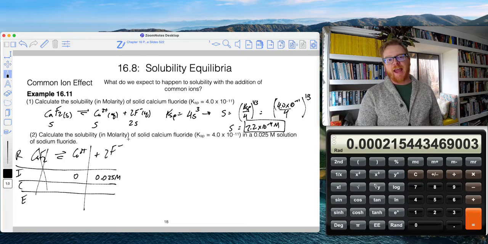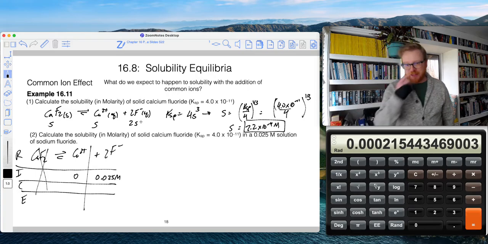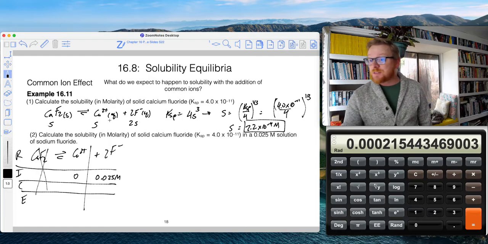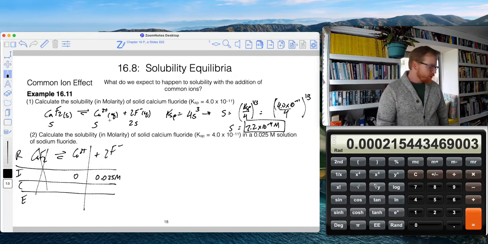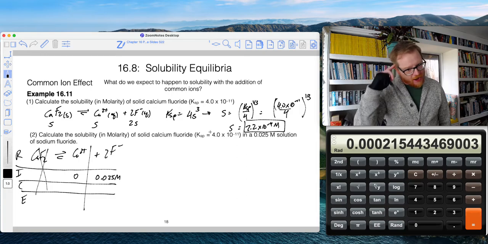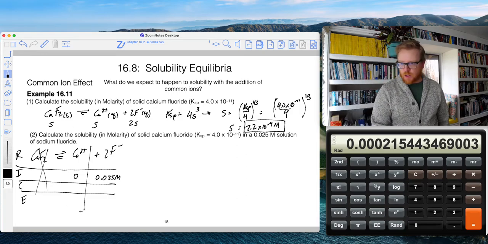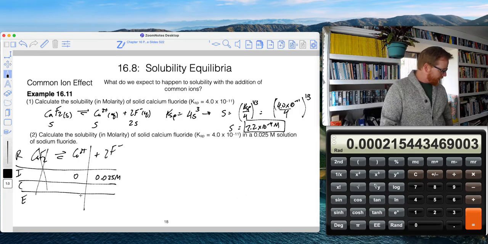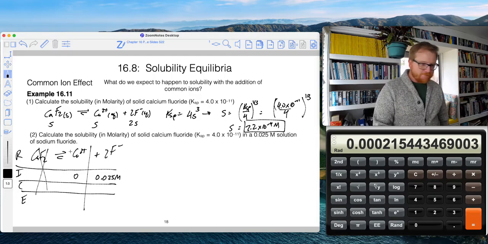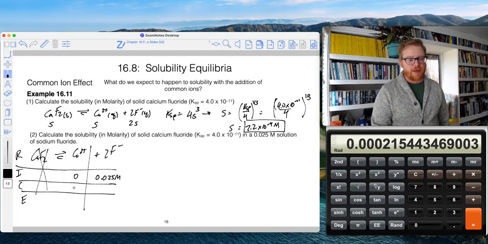So if I already have a bunch of this present, then that means I can't really get much more calcium to dissolve, okay? So, but if we weren't sure how to just rationalize that, we'll just follow our basic solubility calculation, okay? And or our basic RICE table calculation, rather.